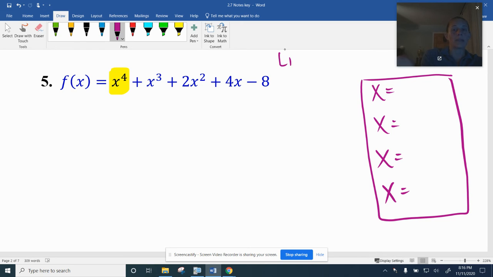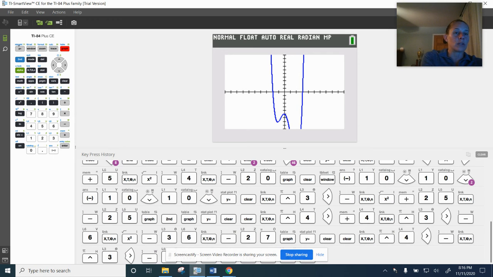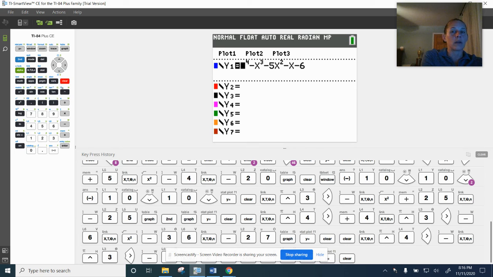Okay, my list of possible rational zeros would be positive or negative, and then the factors of 8. So 1, 2, 4, and 8. So those are the numbers we're looking out for when we do the graph. So we type our equation into the graph. So we go to y equals, clear out the one that's in there.